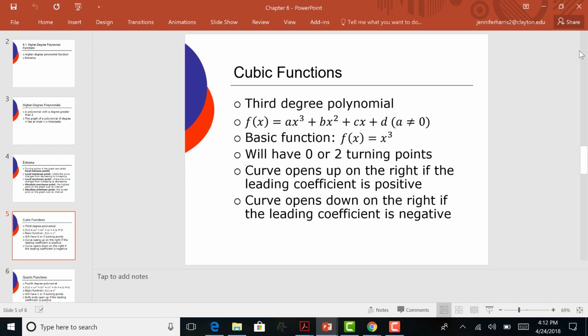Is that one still a cubic function? Yes, because the highest exponent is a 3. Now remember, the easiest one is just y equals x to the third power. I just added a whole lot more terms to it, but it's still considered a cubic function because the highest exponent is a 3. It's still going to have some ups and it's still going to have peaks and valleys.